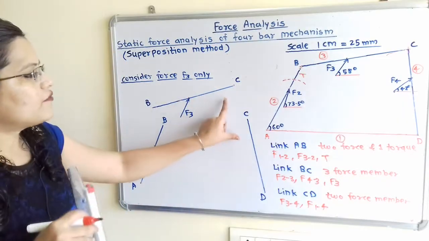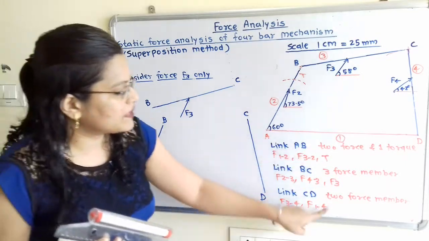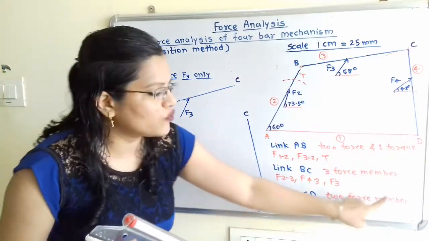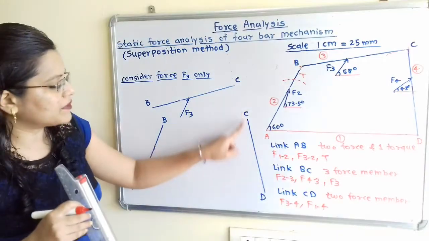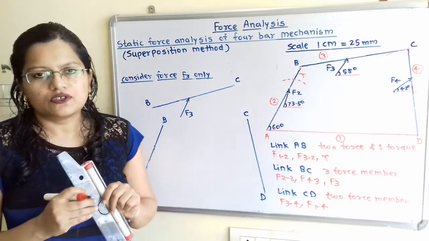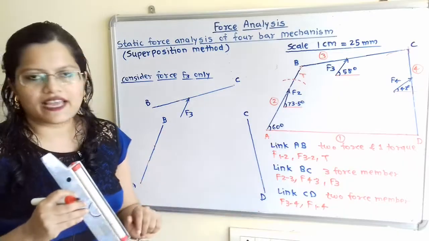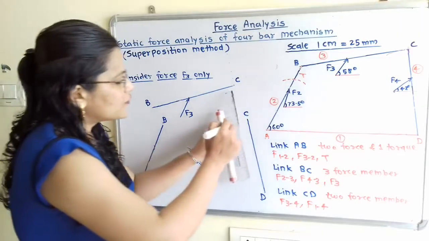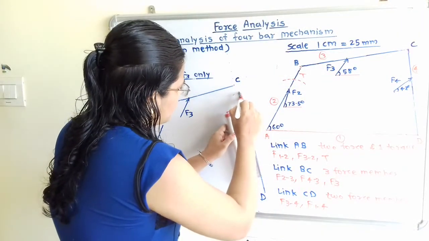So we have the easiest member among these three: the 2 force 1 torque member, the 3 force member and the 2 force member. So we will first consider the 2 force member, that is link CD. So the line of action of force is along this line CD because this is the 2 force member. So we will draw here the line of action of force.